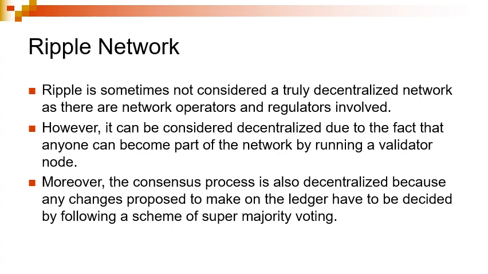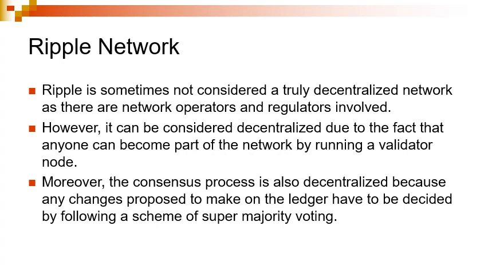However, it can be considered decentralized because anyone can become part of the network by running a validator node. Moreover, the consensus process is also decentralized, because any changes proposed to the ledger have to be decided by the scheme of supermajority voting.